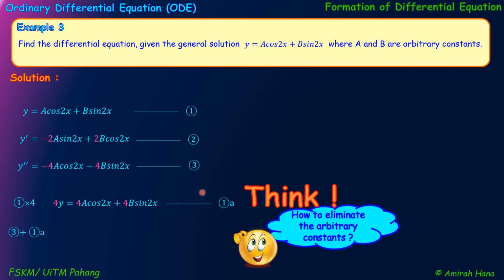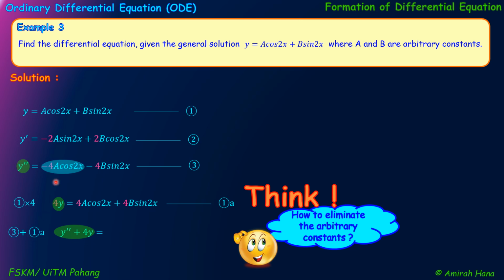From equation 3, on the left hand side, we have y double prime, and in equation 1a on the left hand side, we have 4y. So we add, and we get y double prime plus 4y.